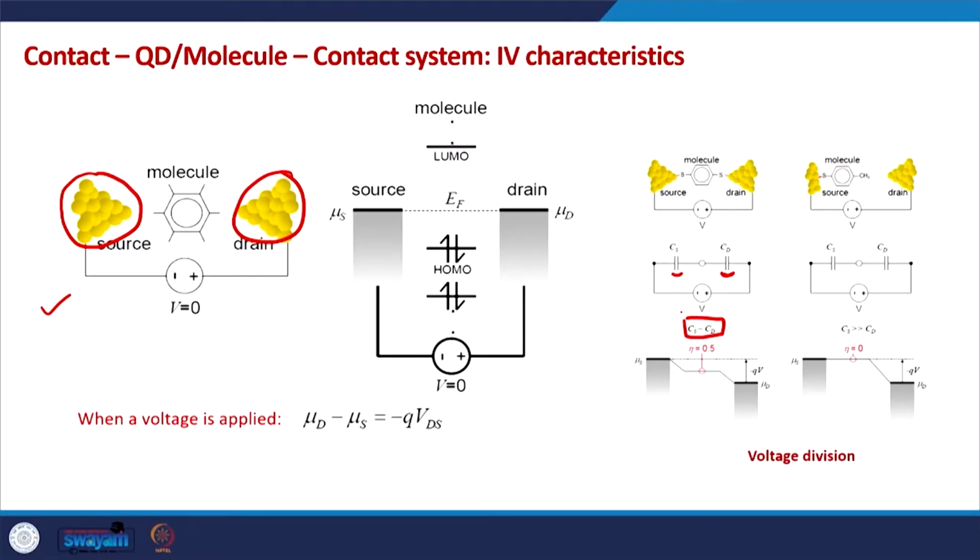If both of these interface capacitors are the same, the voltage drops equally at both the interfaces in this way.